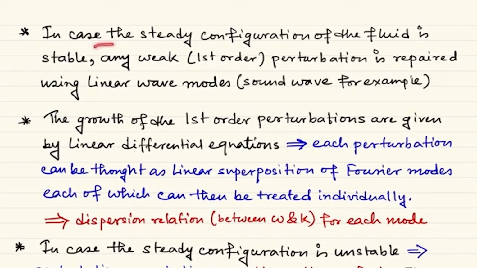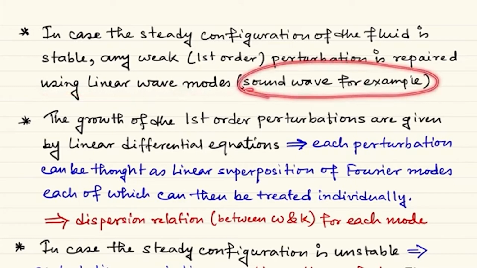But if the fluid is steady, that means the fluid variables no longer depend explicitly on time. In that case, the fluid is stable only when any weak or first order perturbation is repaired by the fluid using linear wave modes, exactly as we saw in the case of acoustic waves or sound waves.